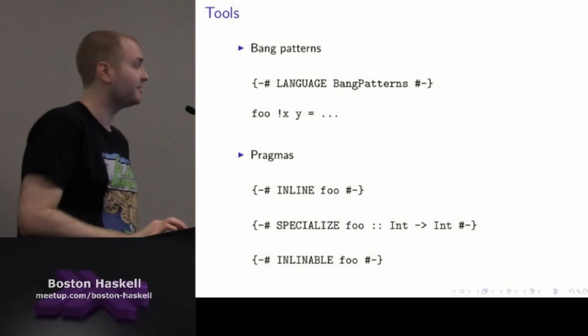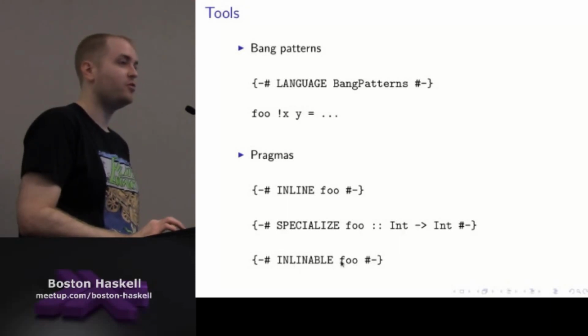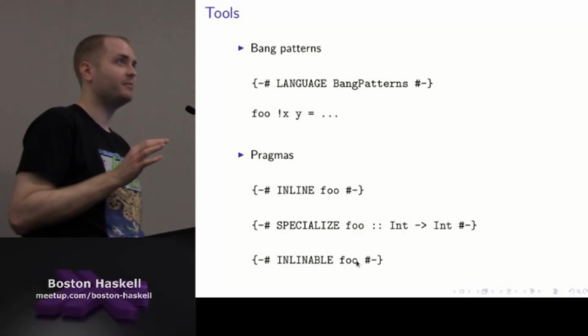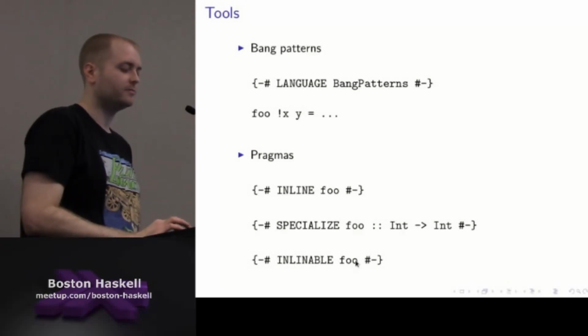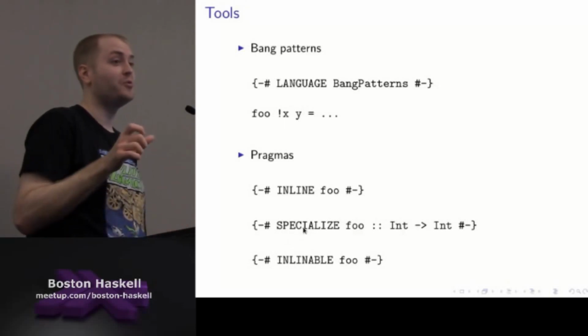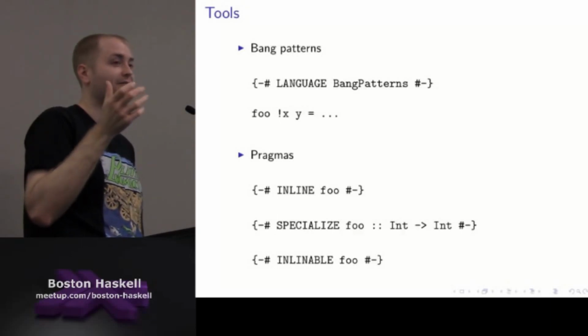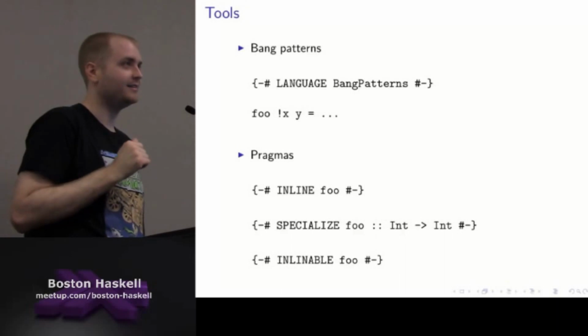And then the other thing that it does is, anytime you call foo in any other module with a more specific type than foo, it will try to generate one of these specialized pragmas for foo locally, and do all the specialized optimization.